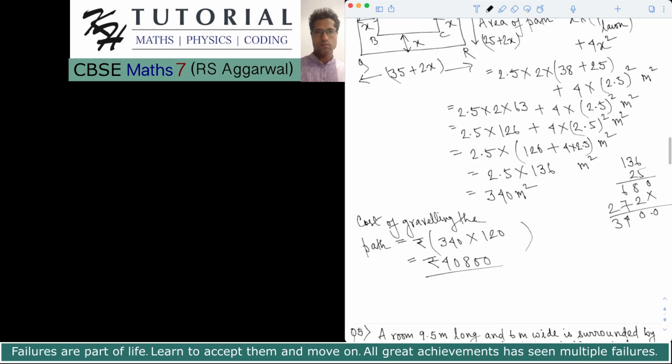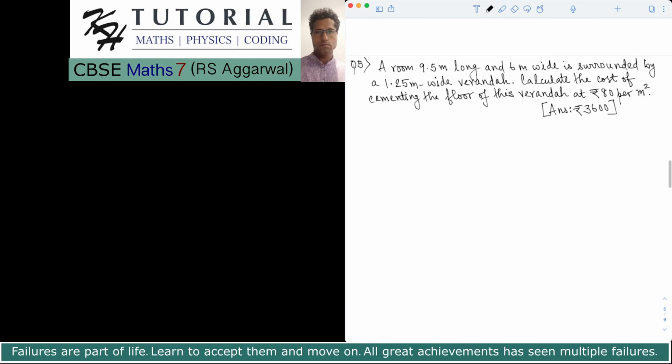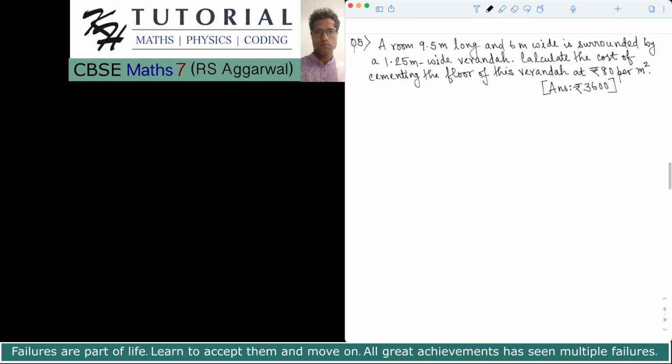Okay, let's see the next problem. Question number 5. A room 9.5 meter long and 6 meter wide is surrounded by a 1.25 meter wide veranda. So the veranda is surrounded, means the veranda will be outside the room. Calculate the cost of cementing the floor of this veranda at rupees 80 per meter square. So it is a very similar problem.